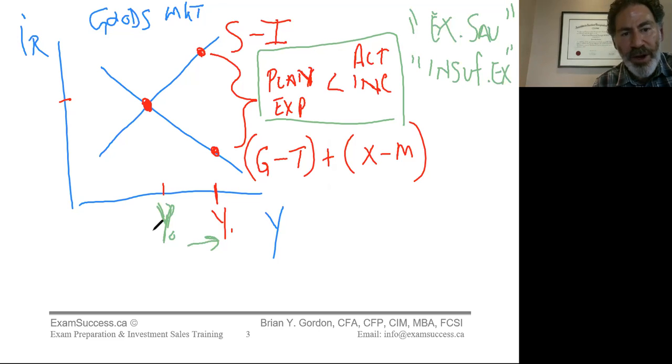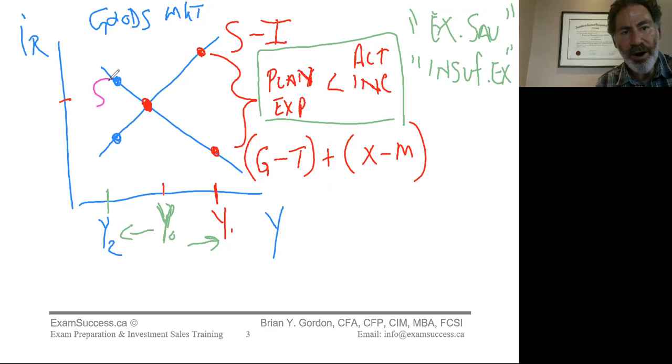Now, what happens if we go the other way? What happens if we drop down to an income level that's below? And so we're down here. Call this number 2. And we are now in this situation. On this side, we've got the reverse. I'm going to write it over here, and I'm going to change the color.